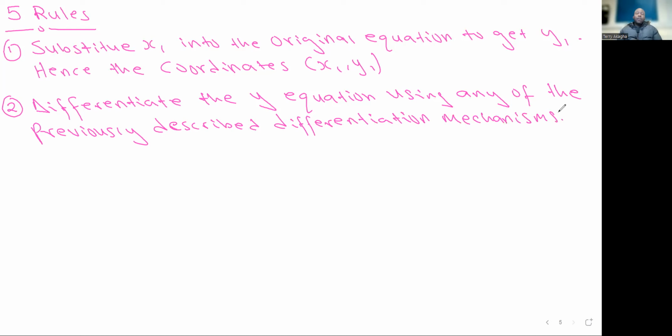Okay, so I've talked about the power rule, how to differentiate a constant, how to differentiate trigonometry, natural logarithm, non-natural logarithm. So you have to differentiate, is it any of these?